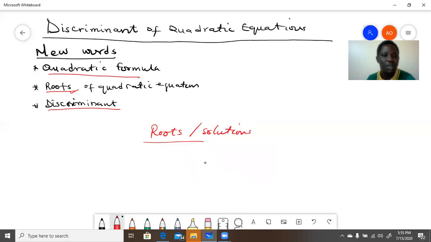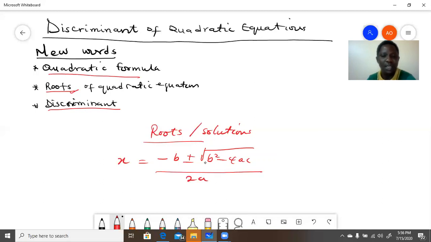The solutions are the values for the variable, the values of x, when you use the quadratic formula to solve a quadratic equation. The answers you get are called the roots of the quadratic equation.